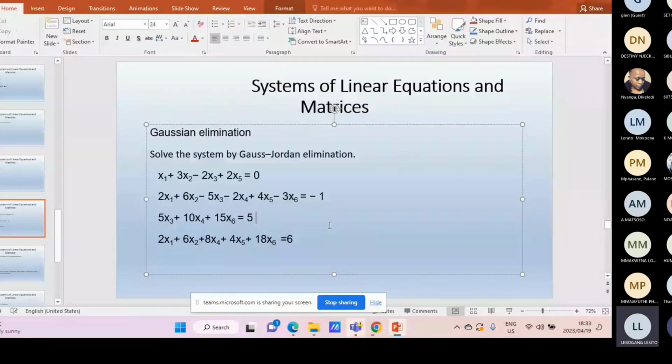Yes. Okay. If we all agree, then in choir form, what kind of solution do we expect? Infinite. We expect to have infinitely many solutions. Do we agree? Yes, sir. Thank you.